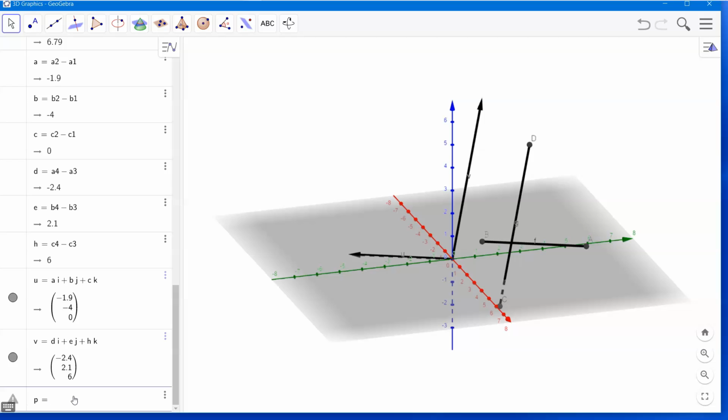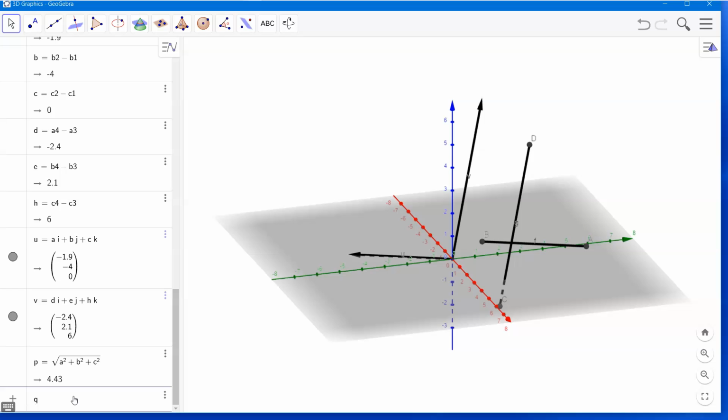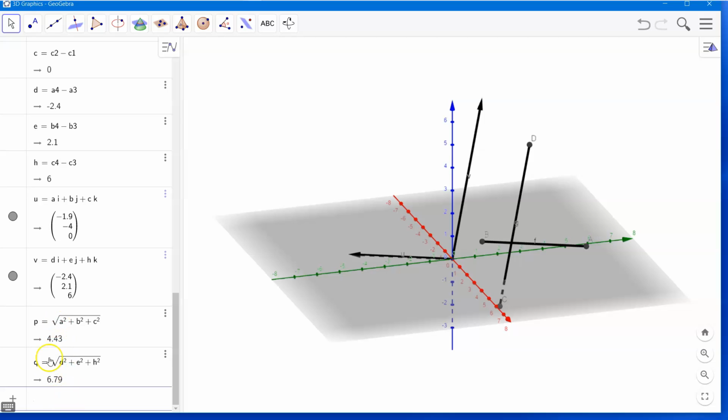Let's say p is equal to square root of a square plus b square plus c square. Similarly, let's say q is equal to square root of d square plus e square plus h square. So these are the magnitudes of the two lines.